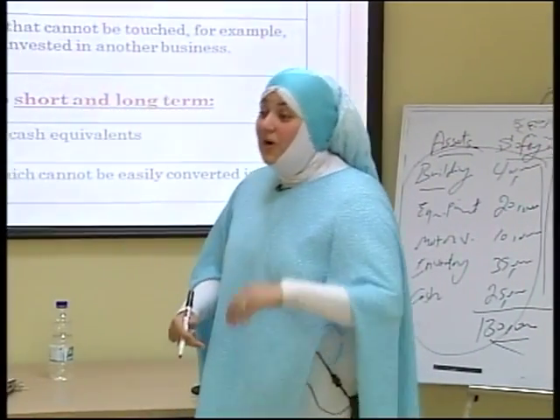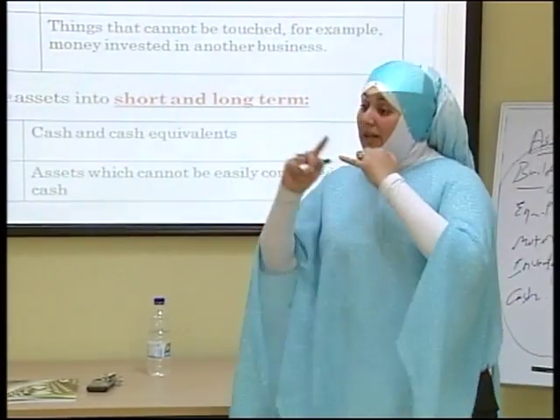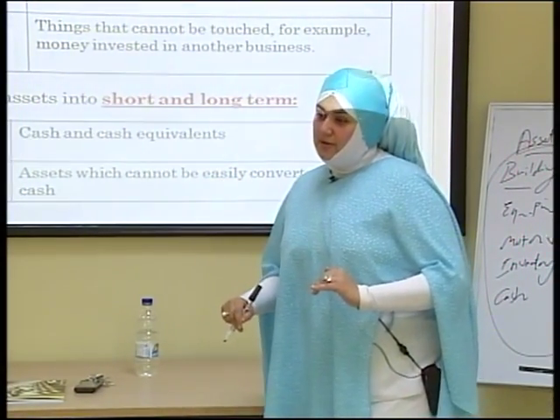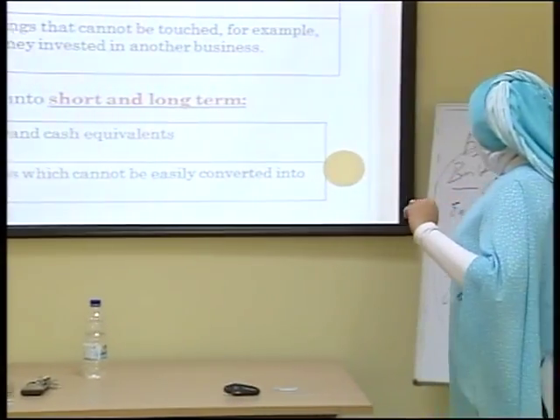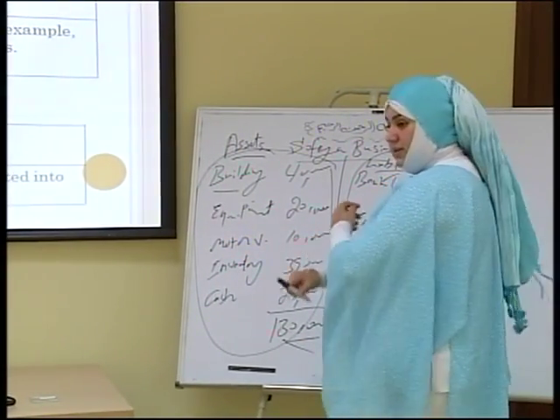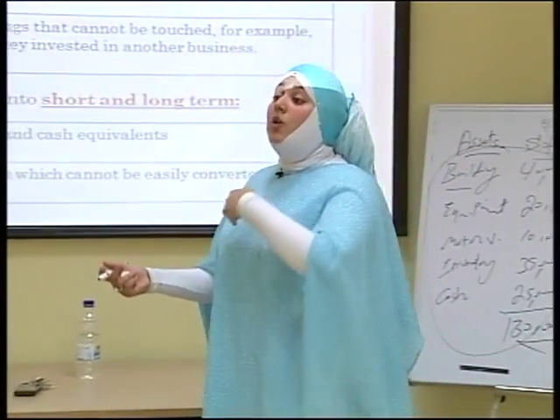They are in balance, and we have what is called the balance sheet equation, which is total assets equals liabilities plus equity. This is the reason for which we call it a balance sheet.